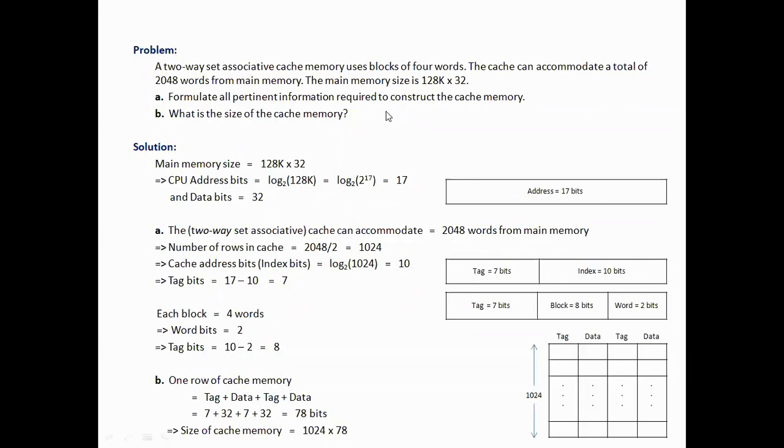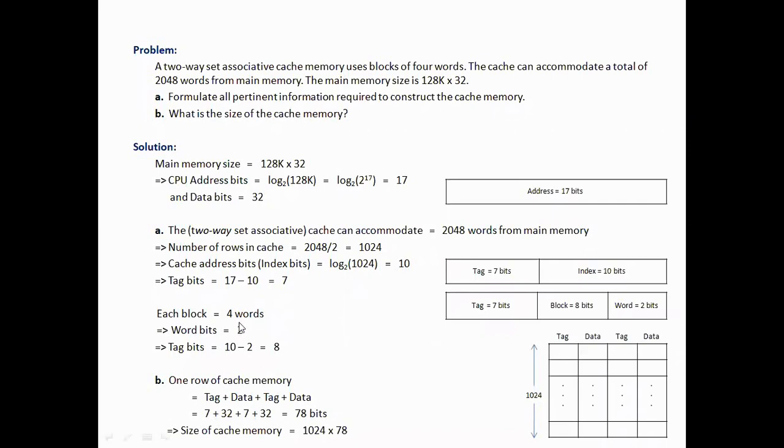Since the question also says that cache memory is divided into blocks, that means the index will further be divided into block and word bits. So we have to find these two also. The question says that each block has 4 words. To address 4 words, we need 2 bits.